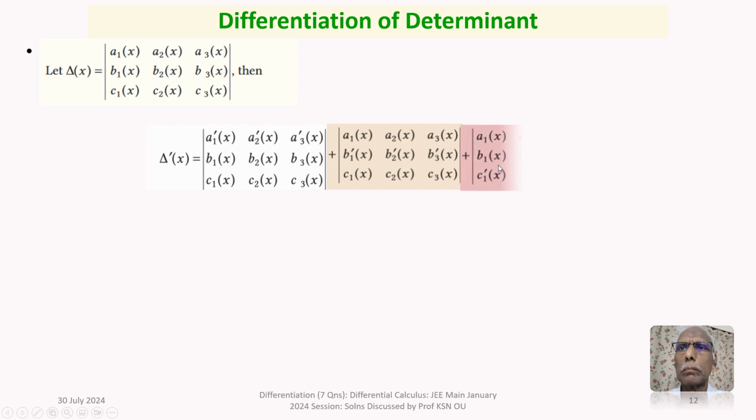The third one is the same as delta x, whose third row is replaced by the derivatives of the functions of delta x. Agreed. This is the one. So you remember this, we apply it in the next question.